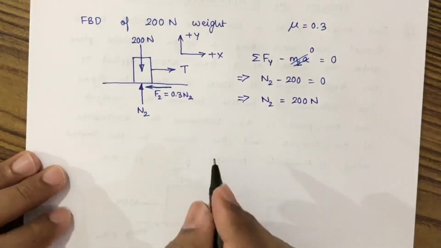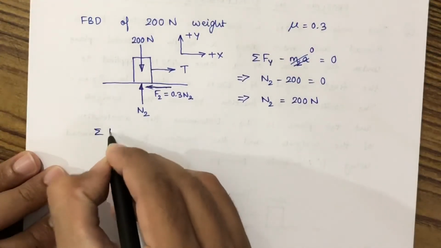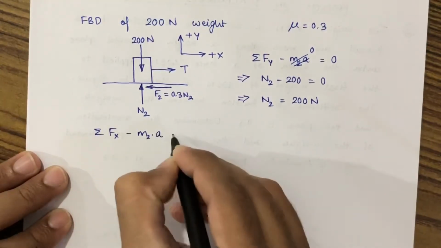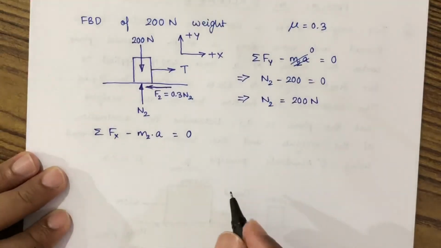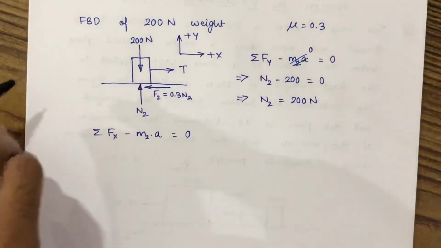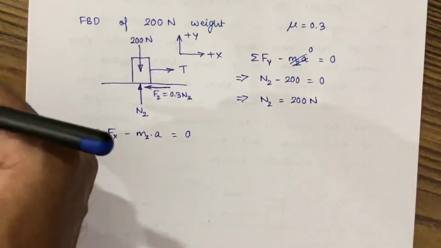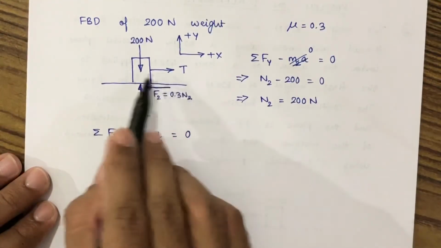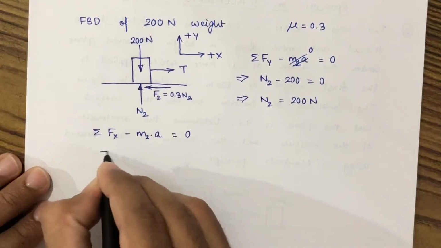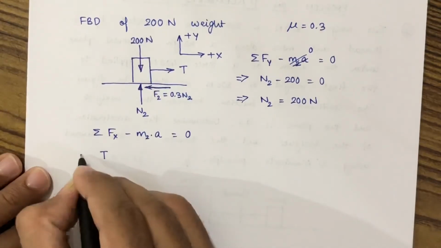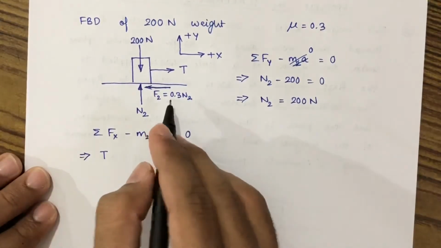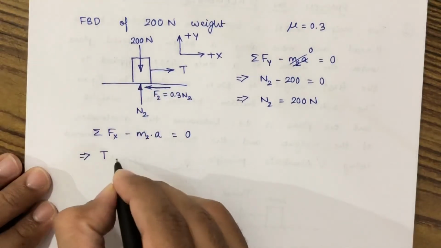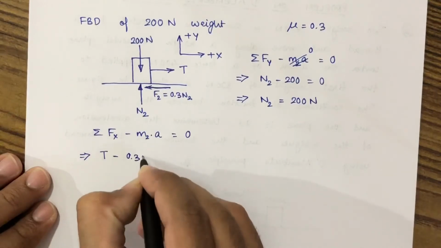Next, D'Alembert equation is summation Fx minus m2 into a is equal to 0. Now positive x-axis is this, negative x-axis will be opposite direction. So first we'll get T, as it is moving in the same direction, so it will be plus T. Then this is moving in opposite direction, so this will be minus 0.3 N2.